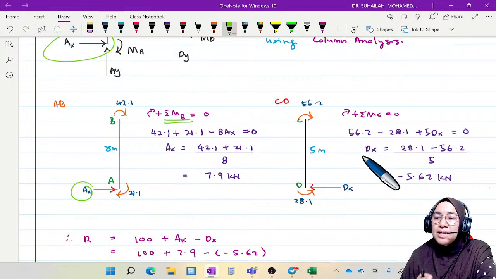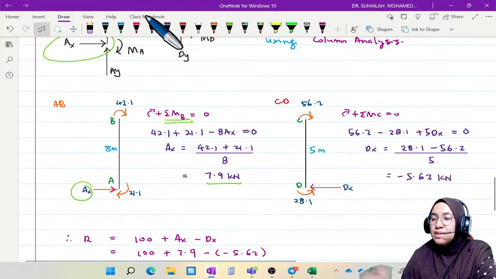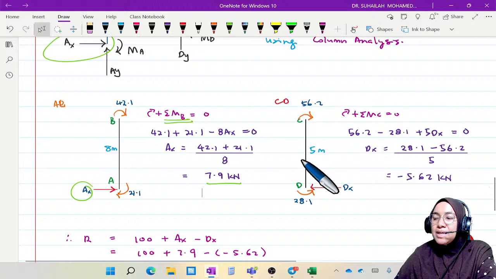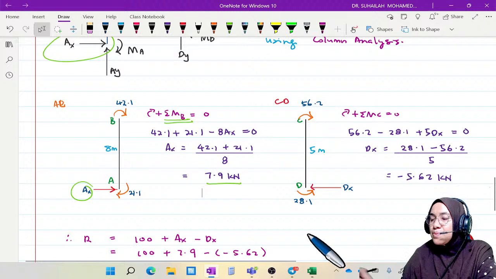It is as simple as that. So we get 7.9 kilonewton. Then for member CD it is the same thing, except we put the values from the table for CD and DC, and we will get this.